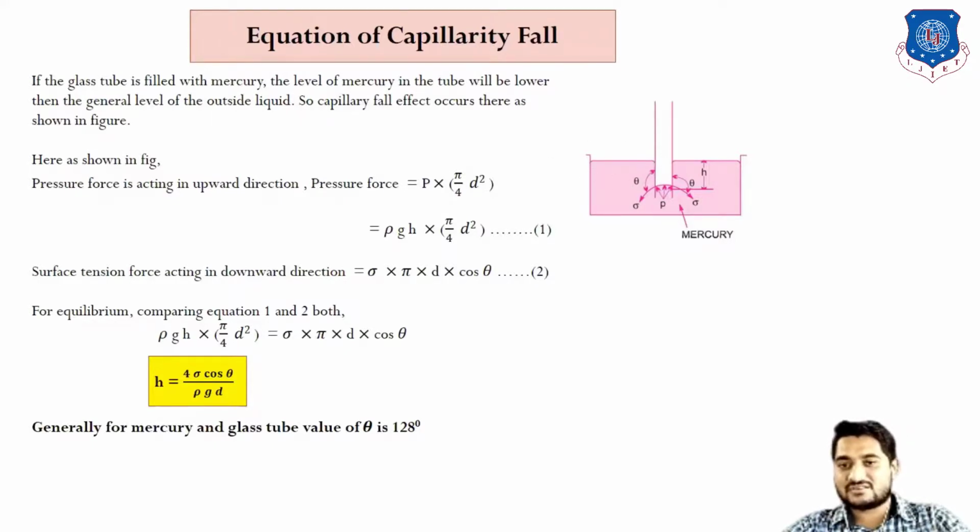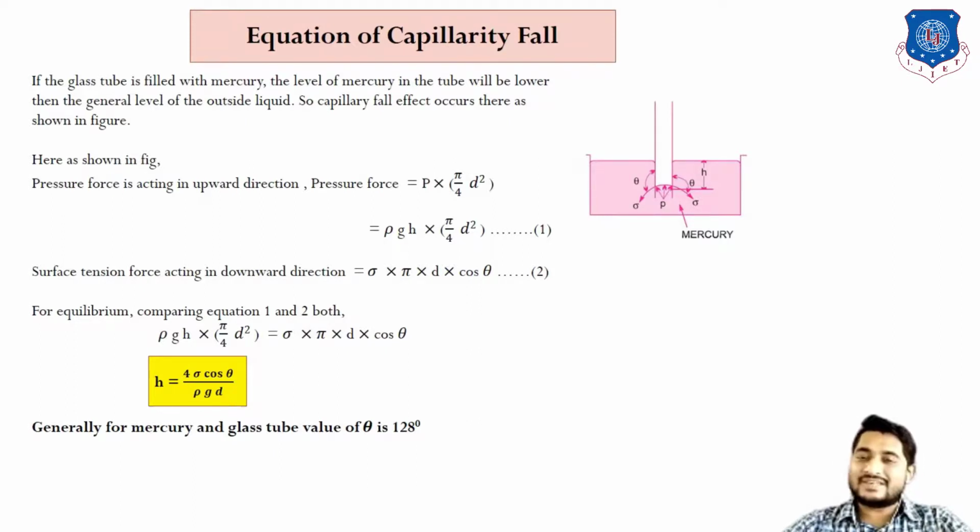As shown in this sketch, the outer layer of the mercury is here, but in the glass tube, the inner layer of the mercury goes in the downward direction. So why does this phenomenon occur? Because for mercury the adhesion force is very much less.